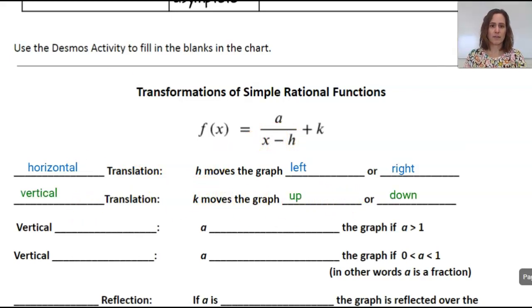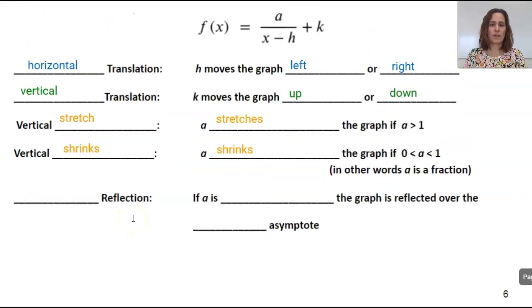A has two effects. If a is greater than 1, it stretches the graph, so it's a vertical stretch. And if a is between 0 and 1, like a fraction less than 1, then it shrinks the graph. And when a is negative, the graph is reflected over the horizontal asymptote.